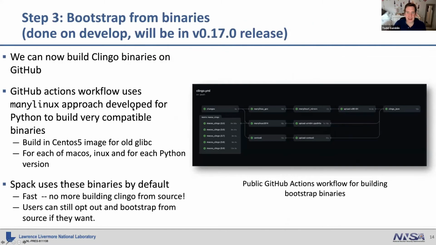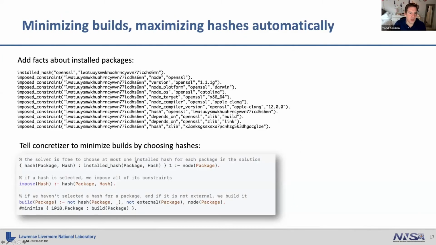It turns out that telling the concretizer to reuse hashes is not that hard. This rule here just says, if some package needs to be a node in the graph, the concretizer has the option of choosing one hash for that package. So if it can, it'll find the hash in the build cache, substitute that for the package and use that.